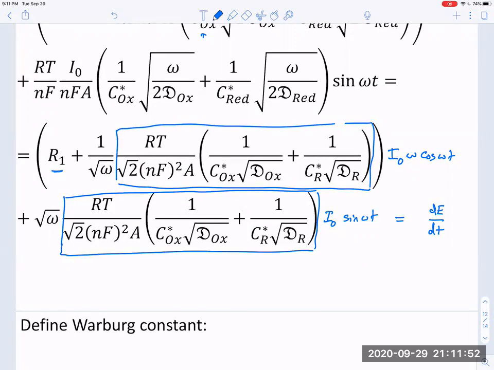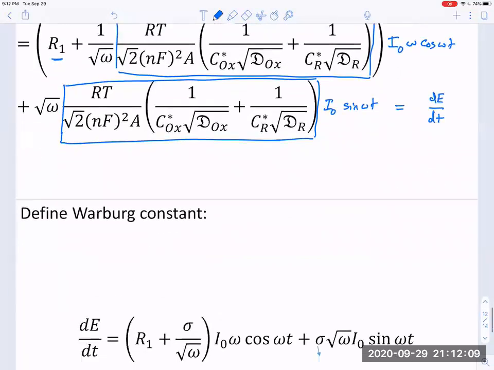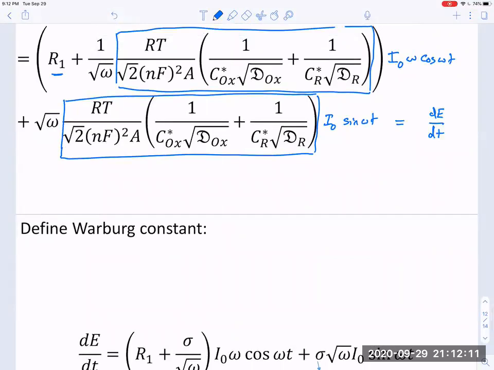This is RT over square root of 2 times NF squared times the area, multiplied by 1 over the bulk concentration of the oxidized species multiplied by the square root of its diffusion coefficient, and then the same thing for the reduced species. So what we're going to do with that highlighted portion that I just showed you is define it as the Warburg constant.